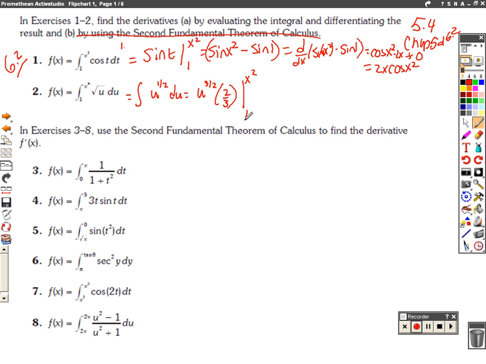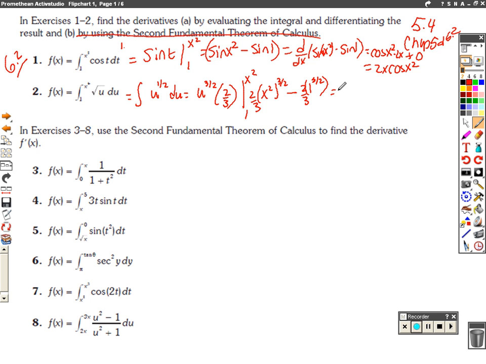If I plug in x squared, I apologize, not u, I have x squared to the 3/2 times 2/3, minus, now I'm going to plug in 1 to the 3/2 times 2/3.